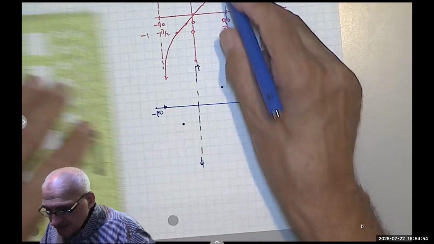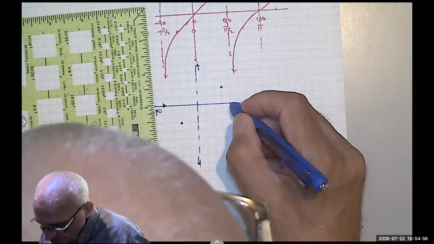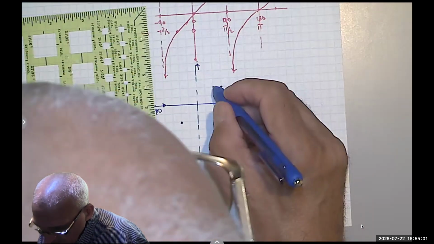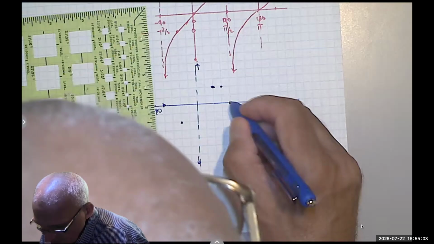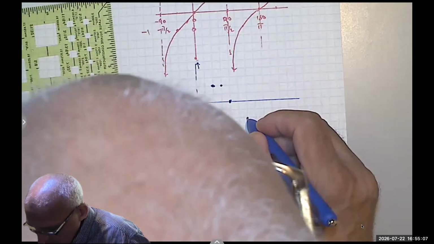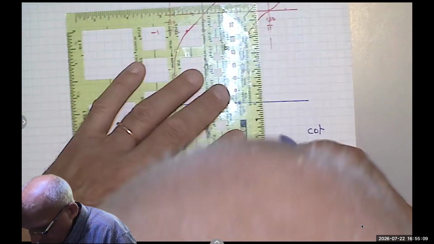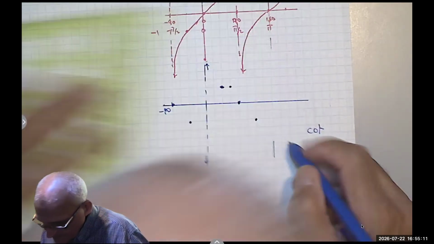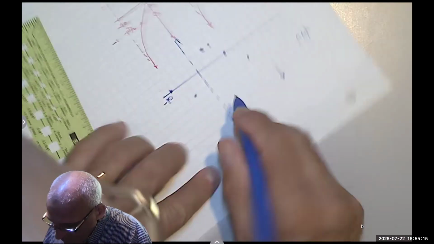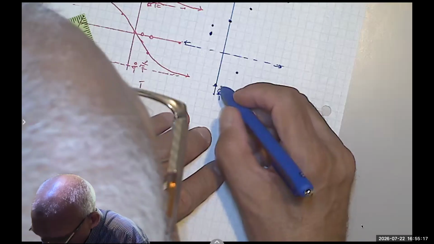And then here, at 1, it will be 1 again, and then this is 0. Then again, it will go to negative 1, and then negative infinity here. So the graph looks something like that.